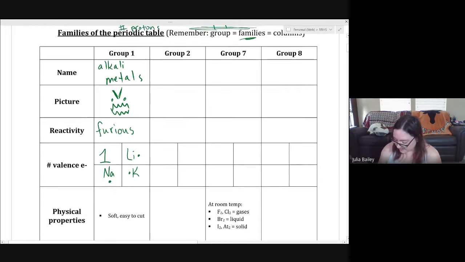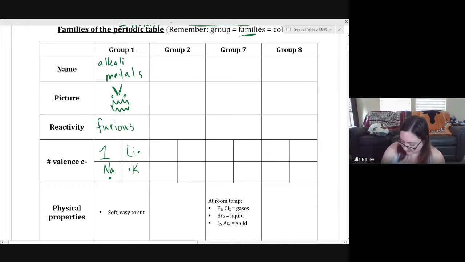Okay, that's alkali metals. Let's talk about group 2, alkaline earth metals. Now, the word alkali and the word alkaline are very similar words, and both basically mean base, or basic.